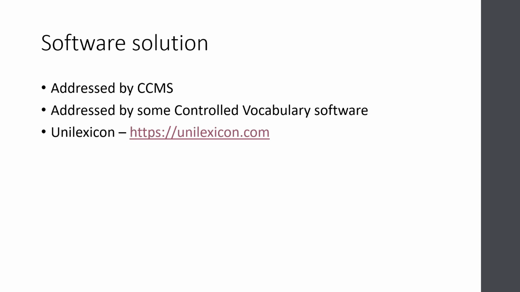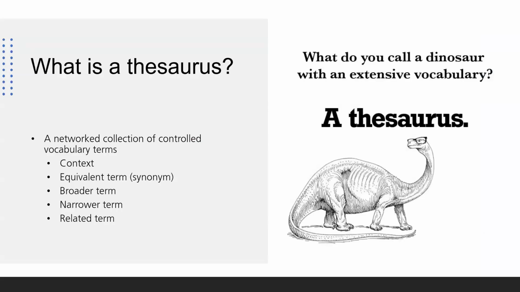So we started off with our controlled vocabulary, and we're moving along nicely, and we're looking at all these different tools and what they can support moving forward. But we moved on. We looked at first taxonomies, but then we get this idea of a thesaurus, and I must be a little bit geeky, but I love the dinosaur joke, so I've left that in as well.